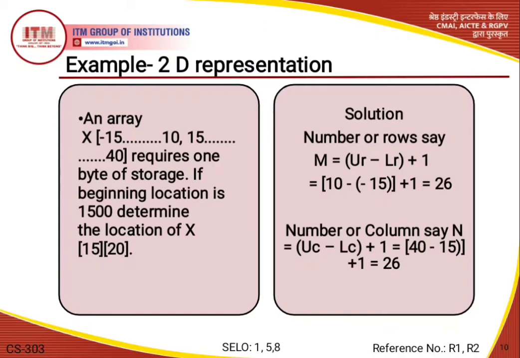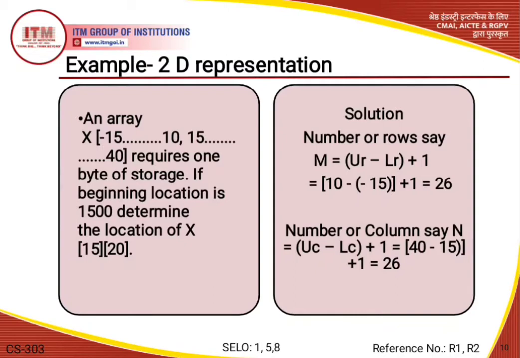Similarly, now we find the number of columns. If the number of columns is n, then we apply the formula: the upper bound minus lower bound for column, then add 1.